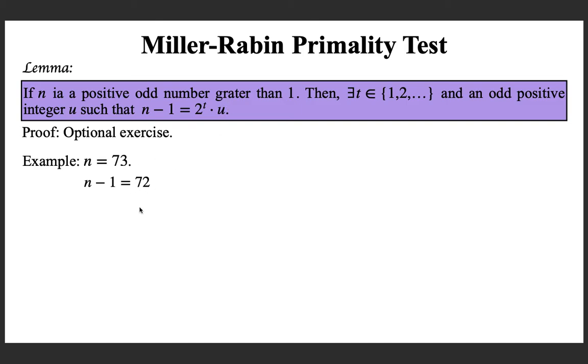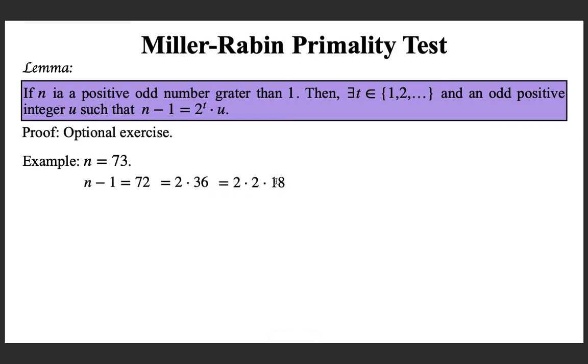So what you can do here for the proof is, you can generalize it. n is an odd number, so n minus 1 is guaranteed to be an even number. So you can write it as 2 multiplied by something. Here it is 2 multiplied by 36. Now if this is an odd number, you can stop, but this is still an even number. So again you can apply the same technique, 2 followed by 2 multiplied by 18.